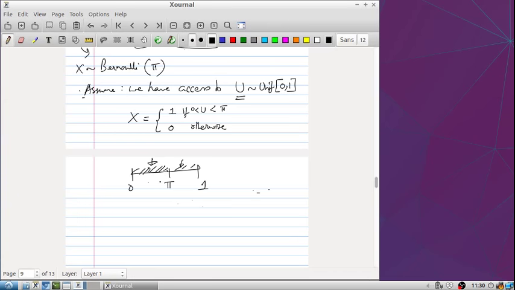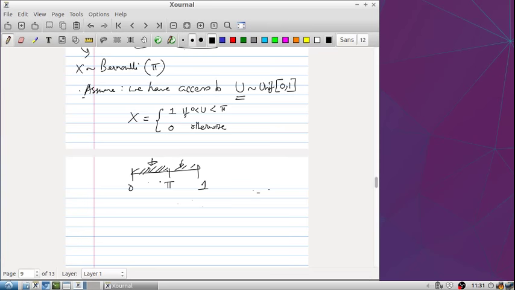I generate a sample u, just compare it with some number pi, and this number has to be between 0 and 1. Compare it with pi. If it is smaller than pi, I'll call my sample x to be 1 or otherwise 0, right? So I created a sample for Bernoulli given just access to uniform.